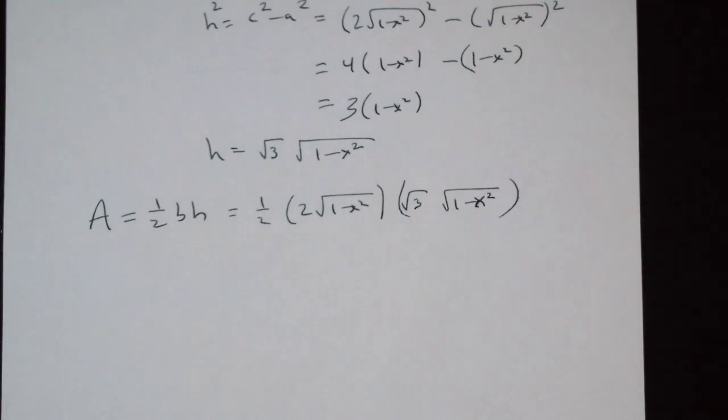Two wonderful things happen. What are those two wonderful things? The square roots cancel, and the 2s cancel.